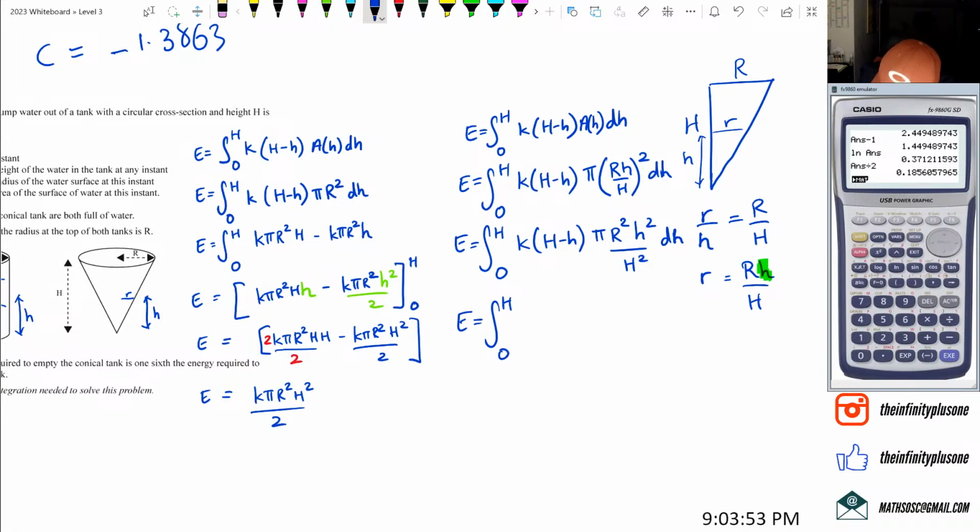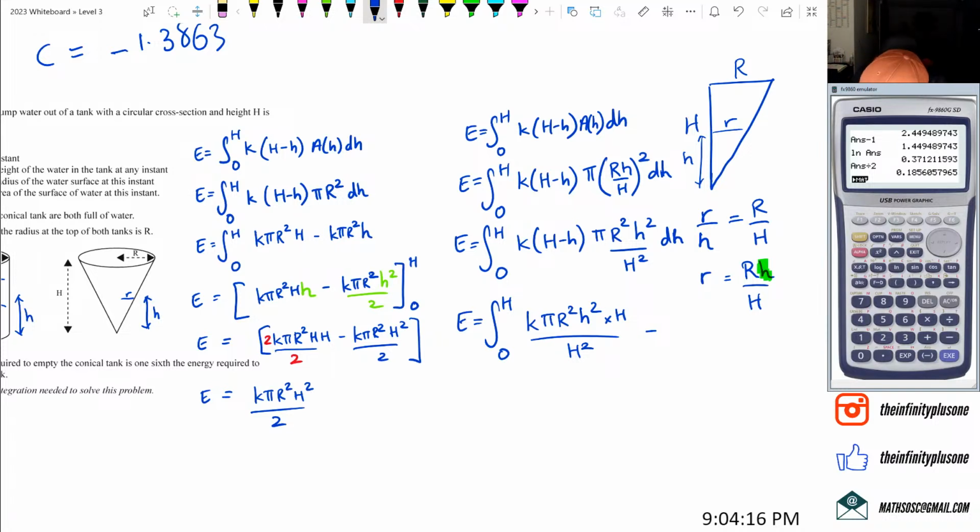So now we're going to actually expand the brackets. And when we expand the brackets, we are going to get K pi R squared H squared times H over H squared minus, we're going to have a whole bunch of H squared here, isn't it?